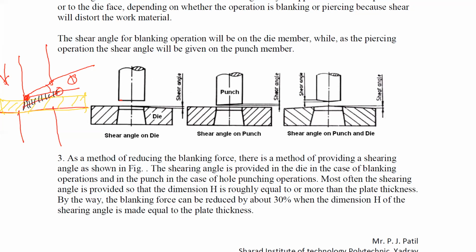That means we have distributed the load gradually over the punch surface length. Along this length we have distributed the force. Initially from this portion the force will exert, and after that, this is how the force will exert.